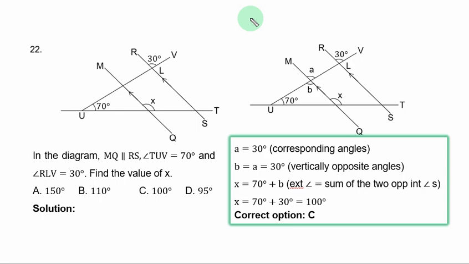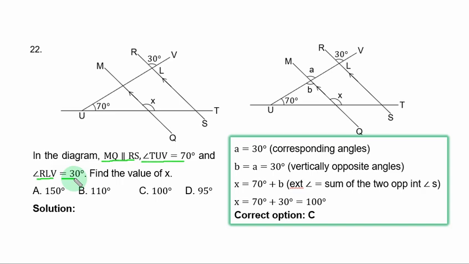Question 22. In the diagram, MQ is parallel to ROS. Angle TUV is equal to 70 degrees and angle ROLV is 30 degrees.